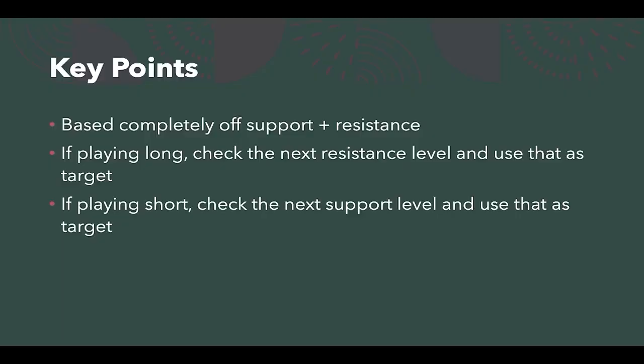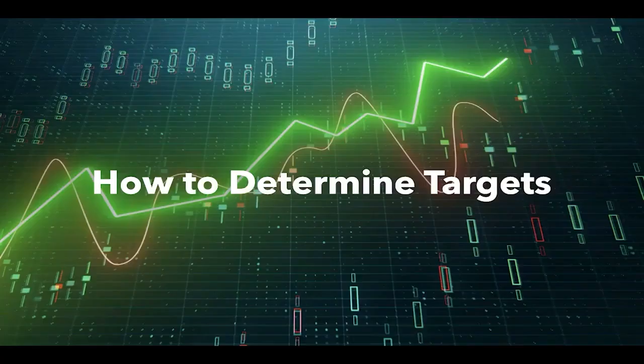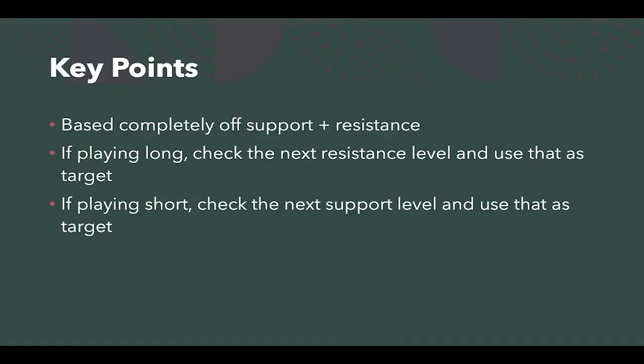So key points, specifically for determining targets in this case, we're going to be talking about how to use support and resistance to determine targets. Some key points is that determining targets, and determining where you think a stock is going to rally to or where you think a stock is going to drop to, is based completely off support and resistance, right?